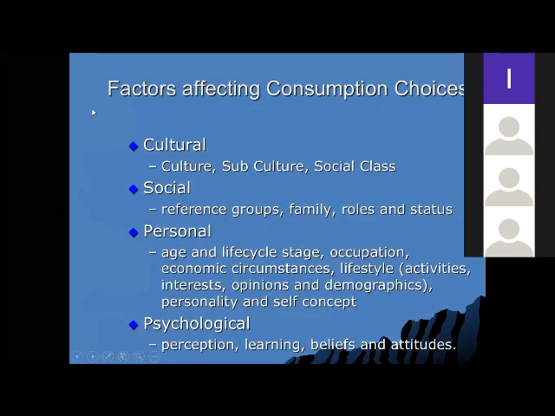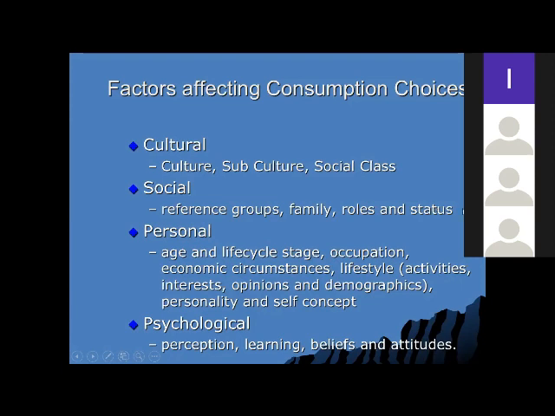Okay, so factors affecting our consumption choices: sometimes culture, subculture, social class. That's why. Then sometimes the groups, family, role and status. To have a status, we have to have this, that, a finished product. When you go to supermarket, you buy things that are not so important, not necessary, and you don't buy intelligently.